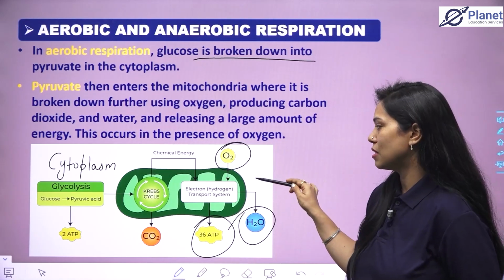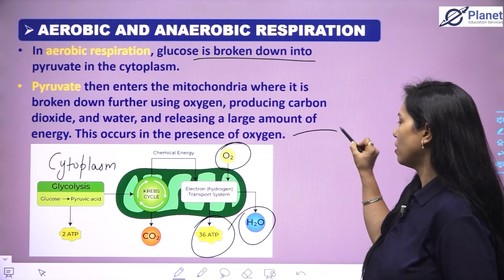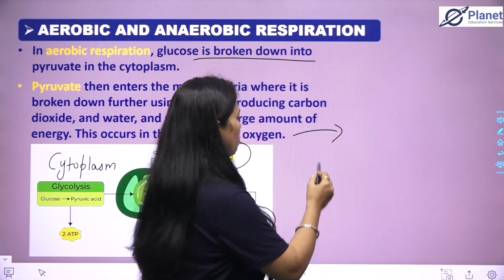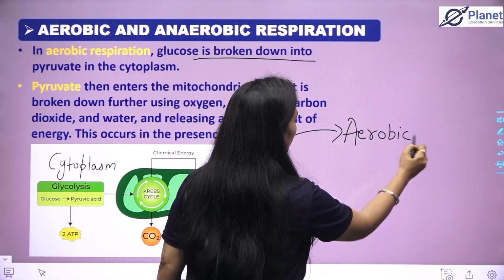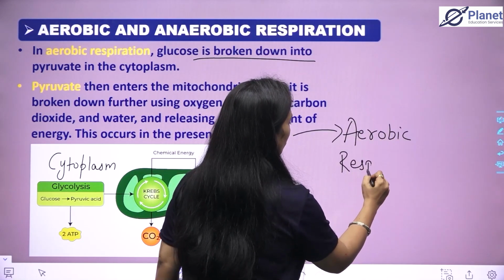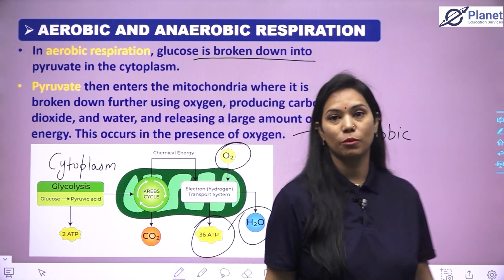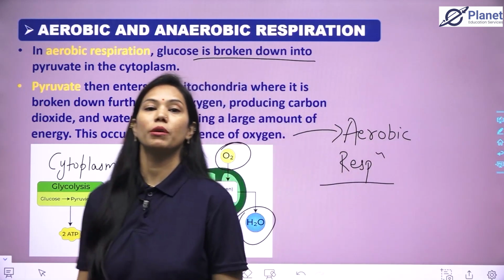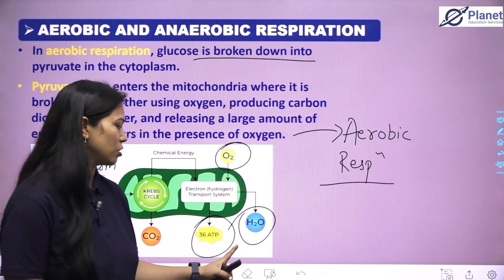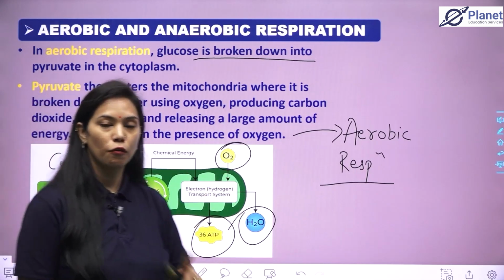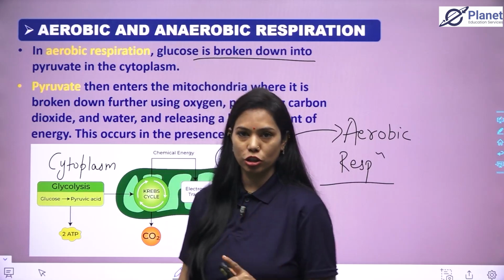Since this occurs in the presence of oxygen, it is known as aerobic respiration. The matrix of the mitochondria is the site of aerobic respiration, by which energy is formed using the oxygen molecule.